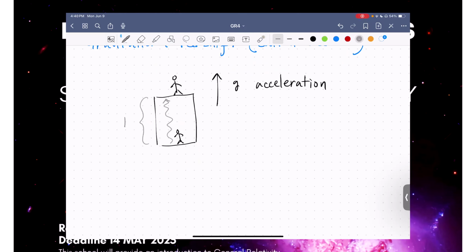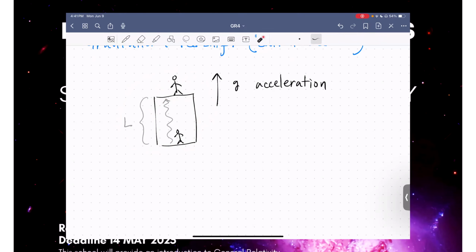For example, we consider that this distance is L. Now, at the time of the emission of that light, suppose we are looking at this whole situation from an inertial reference frame, which has the same velocity as this elevator at the emission of this light. So when the light is being emitted, with respect to an inertial observer, this whole thing is at rest.